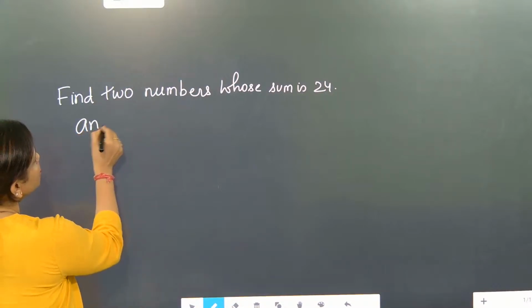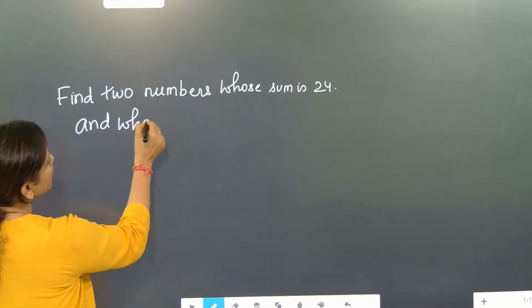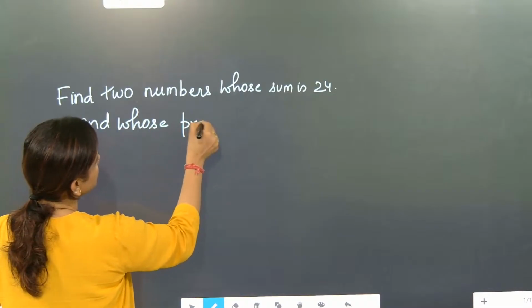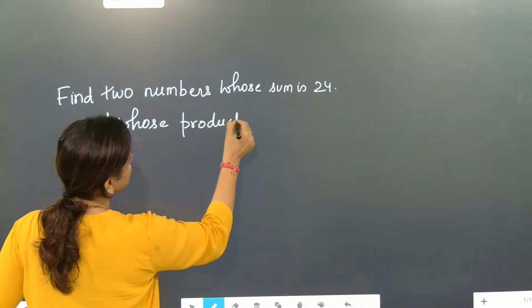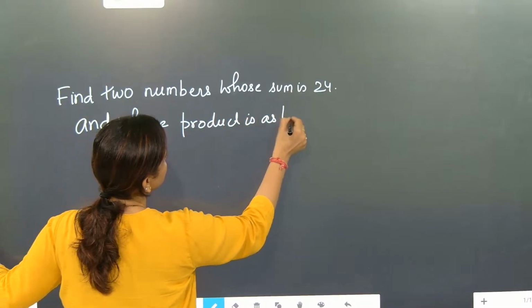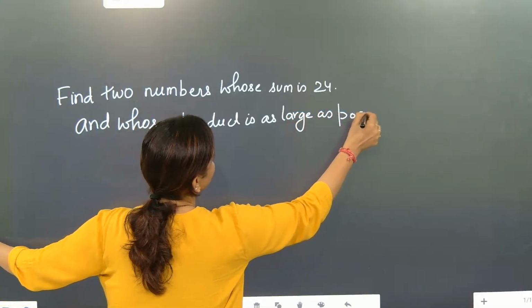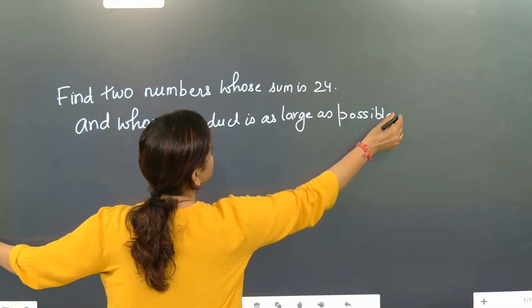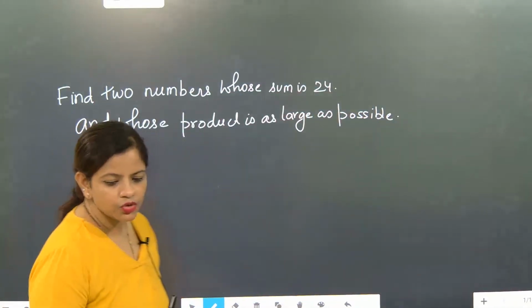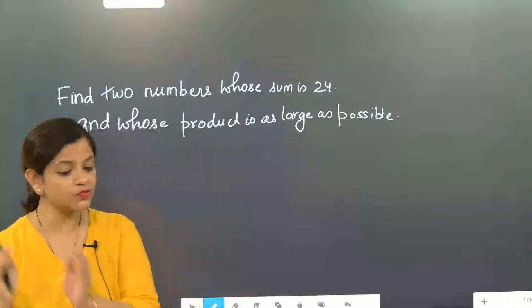Now, here the product is as large as possible, written. Understood?